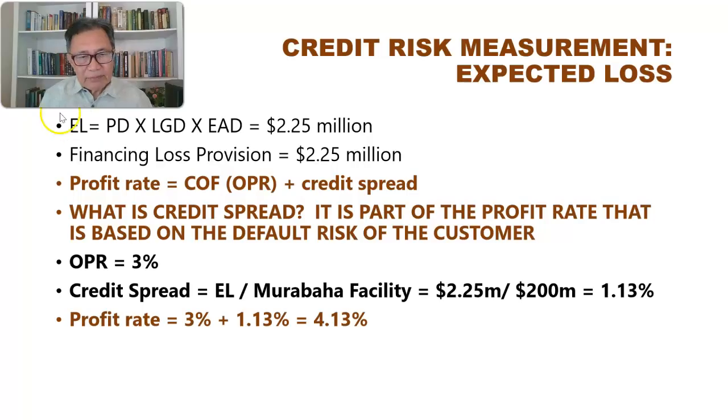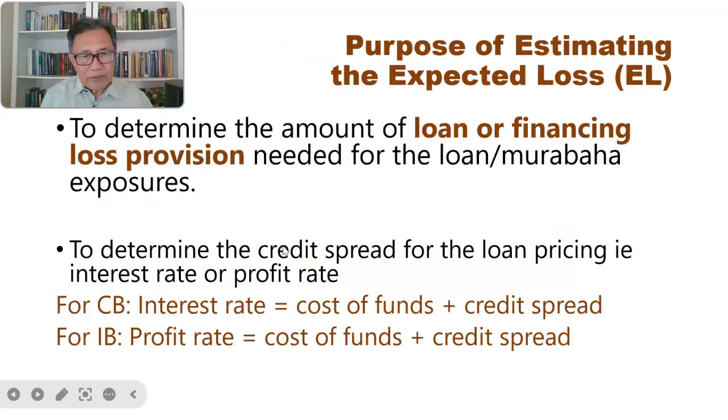So given the fact that the credit spread is one component of the interest rate or the profit rate, if you look here at the purpose of estimating the expected loss, we go to the pricing decision first.